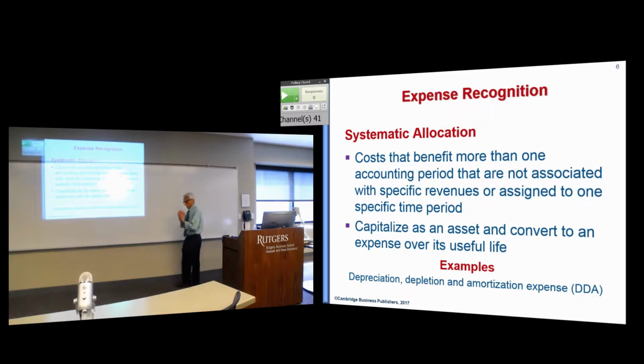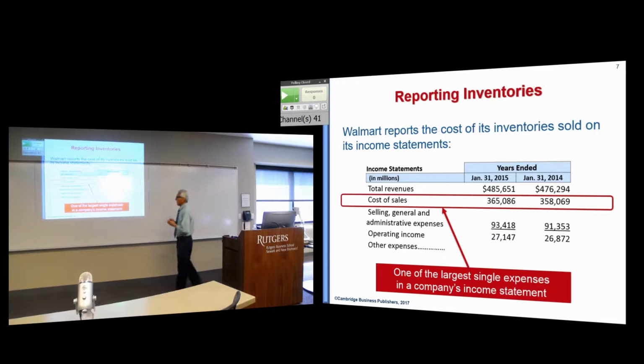For us, in this chapter, we're going to go back and think about direct association, and we're going to think about inventory. So we said that inventories will result in a cost of goods sold immediately when the product is sold. And generally for retail and wholesale type companies, cost of goods sold is an extremely significant item on the company's financial statements. We know that sales minus cost of goods sold is gross profit.